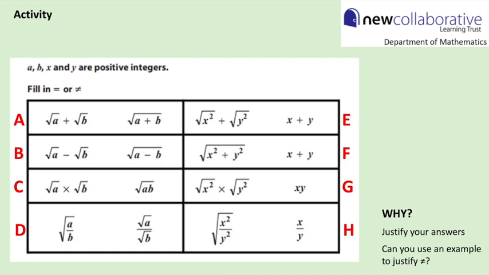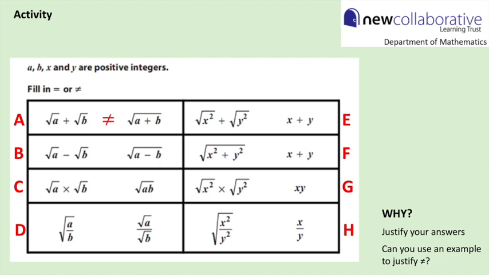So if we start with the first pair of expressions, those two are not equal to each other. And the best way to justify when they're not equal to each other is to find an example of values for A and B for which they don't work.